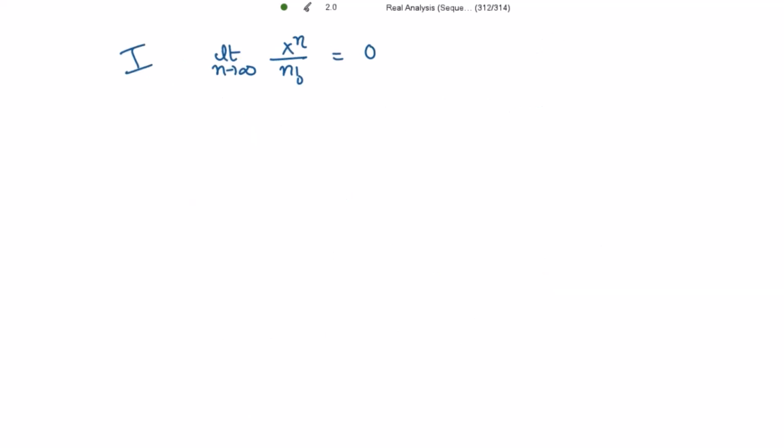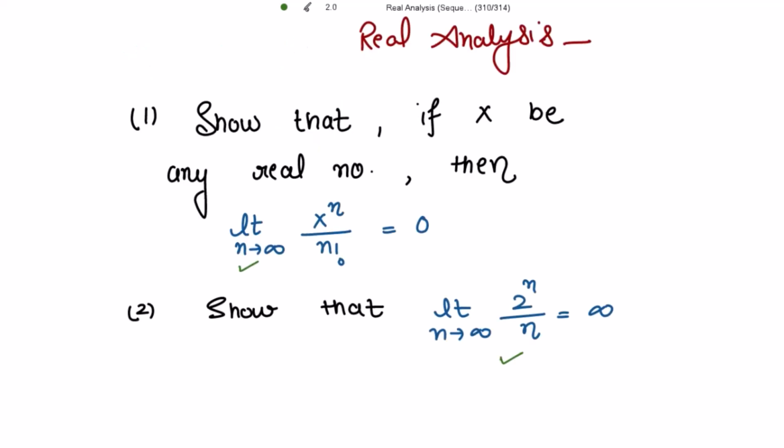So first part, we need to show that limit n tends to infinity of x to the power n divided by n factorial is equal to 0. For that, let's consider Sn to be x to the power n divided by n factorial. Now here it is given that x is any real number. That means x can be equal to 0 or x cannot be equal to 0.